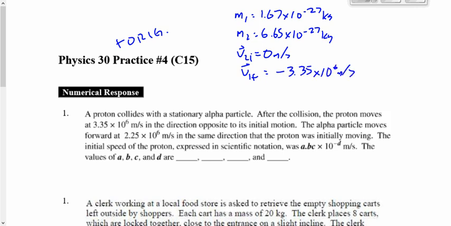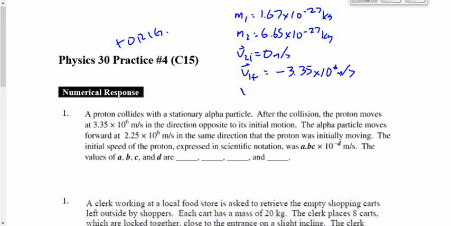Does that make sense? I made it negative because I want my original direction to be positive. You could have very well made your original direction negative and your final direction positive. That would have been okay. This is just the way that I chose to do it. The alpha particle moves after the collision in the same direction as the proton was initially moving.